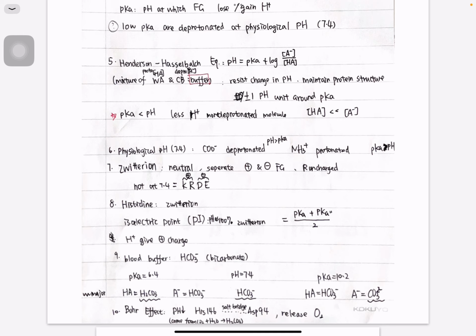And when the pKa is 10.2, that means your pKa is higher than your pH, so you don't have so many protons, so you want to deprotonate.